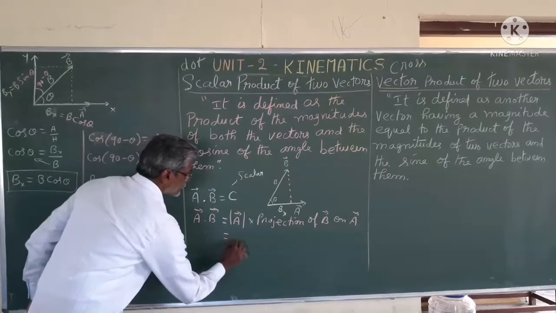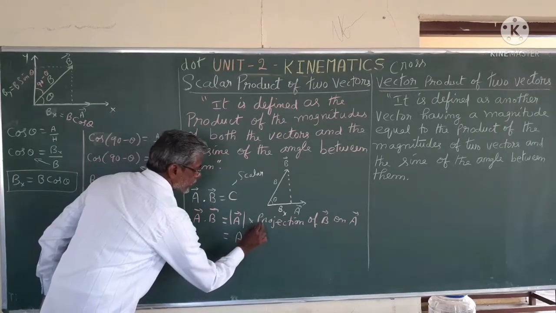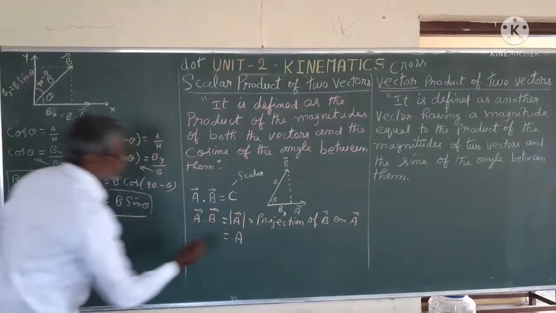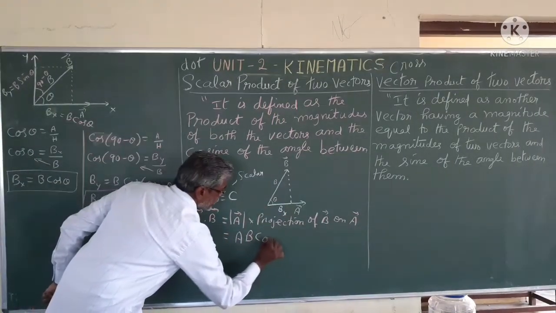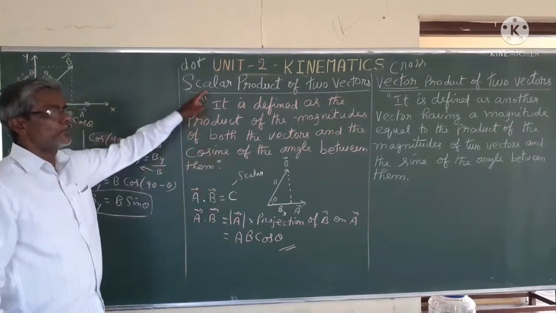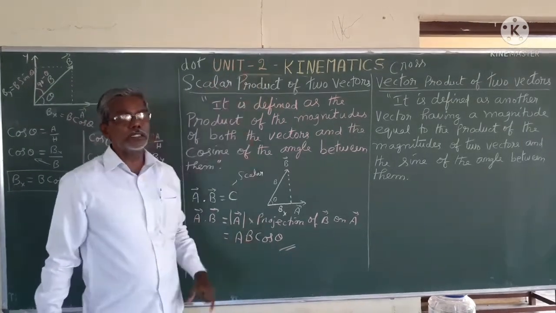Projection of b on a is what? bx. bx is nothing but b cos theta. So I can write ab cos theta. Clear? Now you can define it as it is given in the textbook.